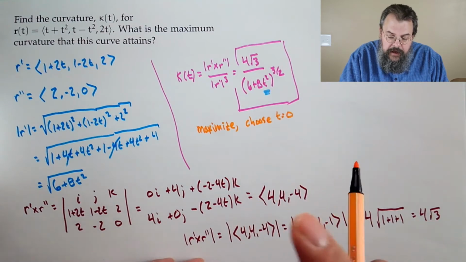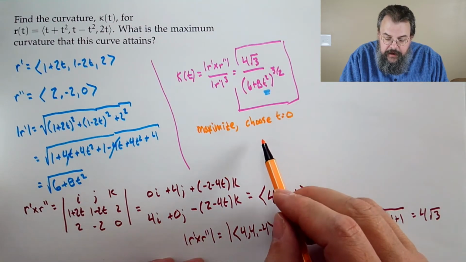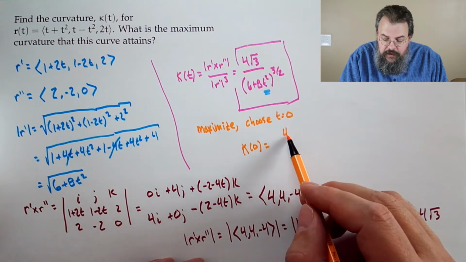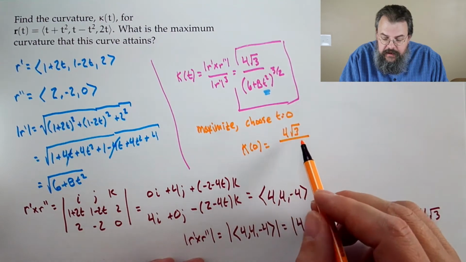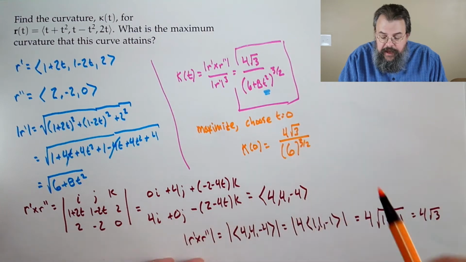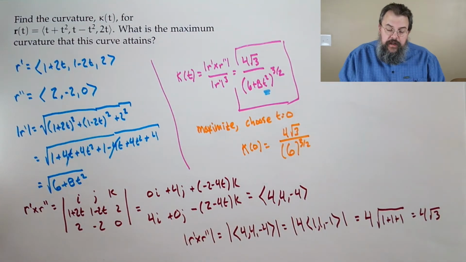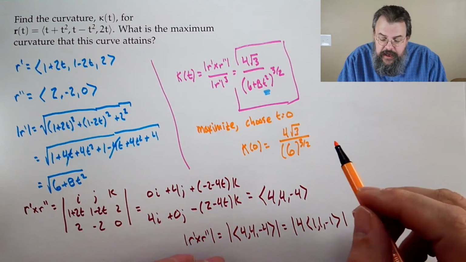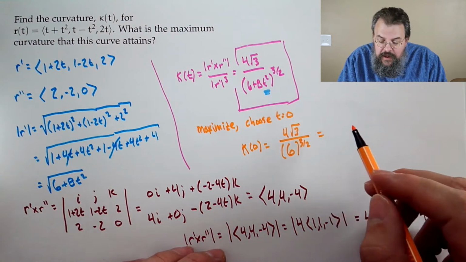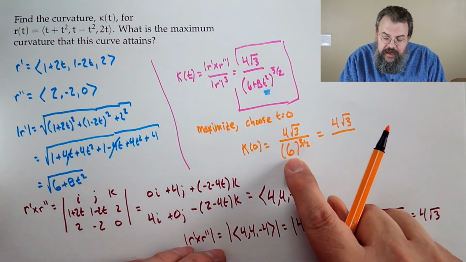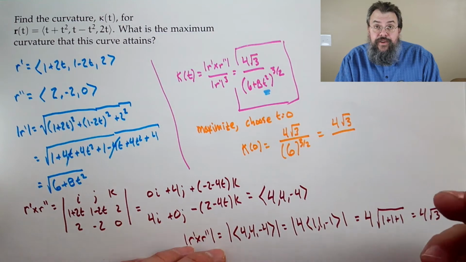And what do we see? Well, our kappa at 0 would be 4 square root of 3 divided by 6 to the power 3/2. Now we could leave it like that, or we can clean it up a little bit. This is really 4 square root of 3. Now, 6, I can think of as 3 times 2.